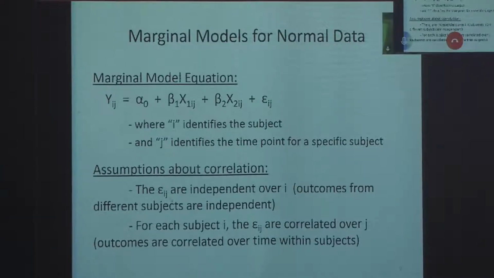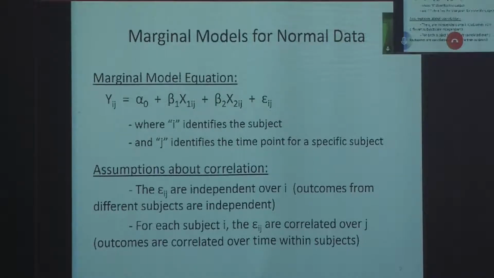The usual assumption for a marginal model is that these error terms, the epsilons, and therefore the outcomes, are independent over i, and it's better to substitute in the words. So my outcomes, my measurements, are independent across subjects. Different people, their CD4 counts are independent.